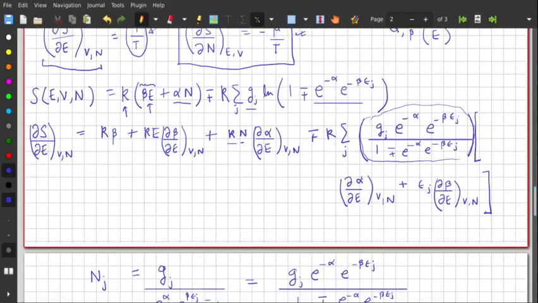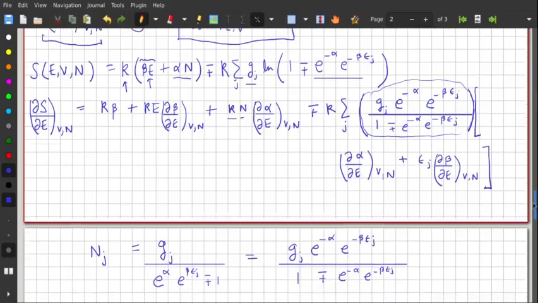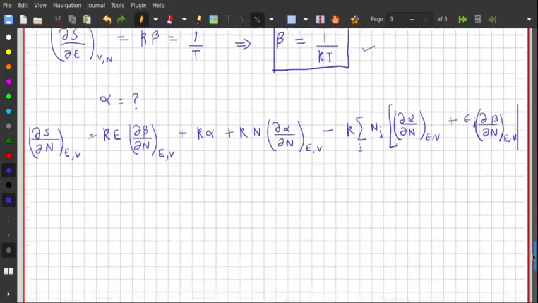This was multiplied by the derivatives of alpha and beta, so it says partial alpha partial N, and then epsilon_j partial beta partial N. So that's this expression.